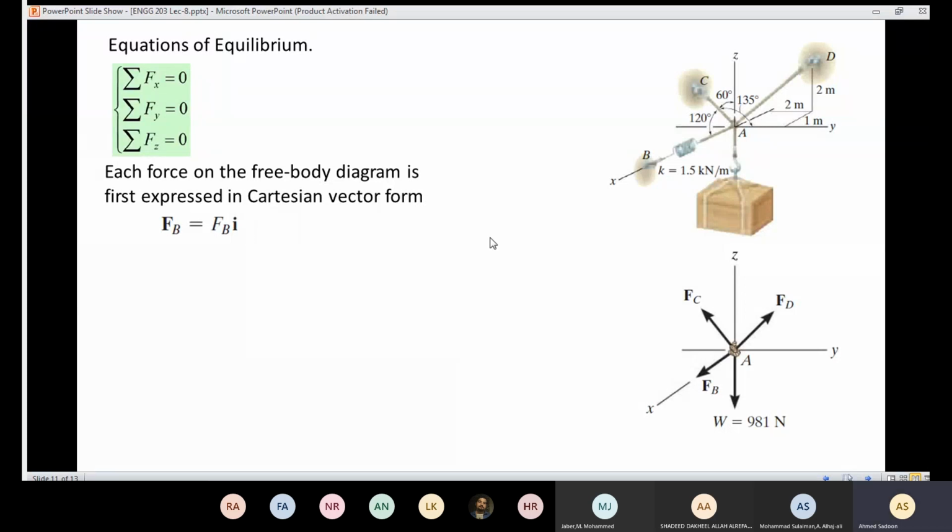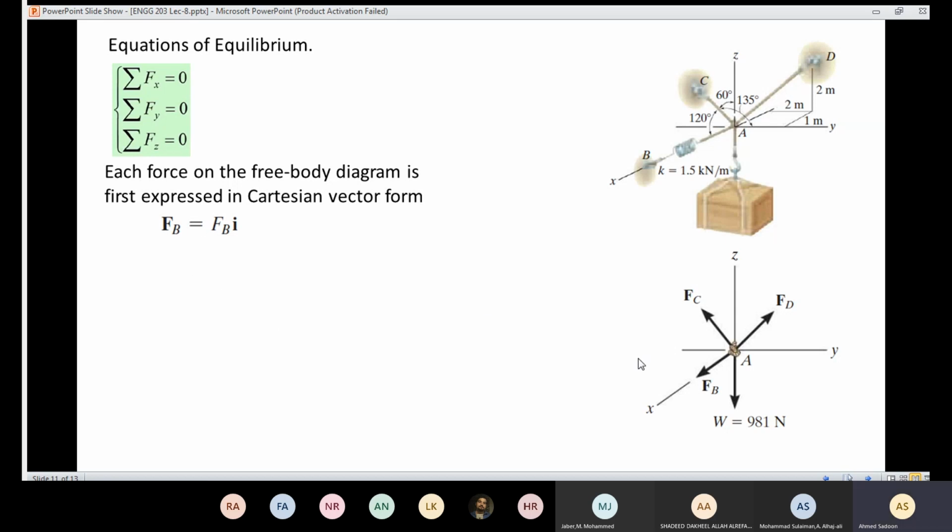Since I have only one component in the X-axis, the FB vector equals the FB magnitude followed by the letter i only. You could write plus 0j plus 0k to show that I don't have any components in the Y-axis and Z-axis.